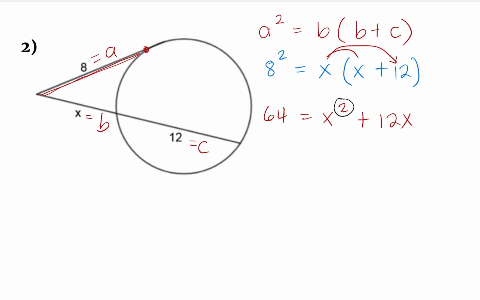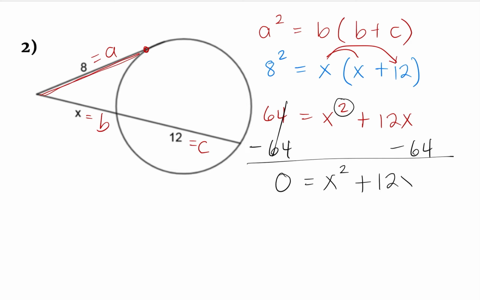So when we come up with something like this, we want to bring everything on one side of the equation equal to 0. And to do that, I would subtract 64 on both sides to make this equation equal to 0. This is the only way to get the x by itself. So none of these on the right hand side are like terms, and so we can't combine anything.